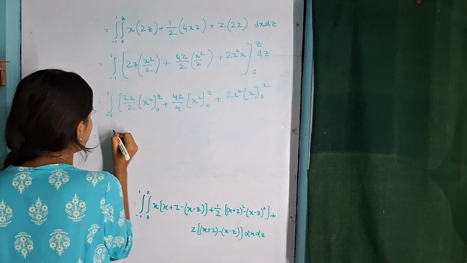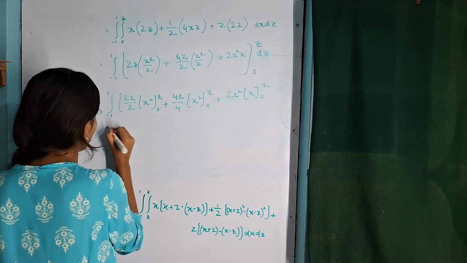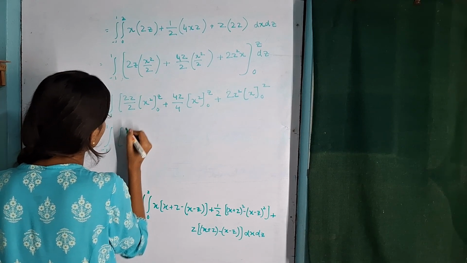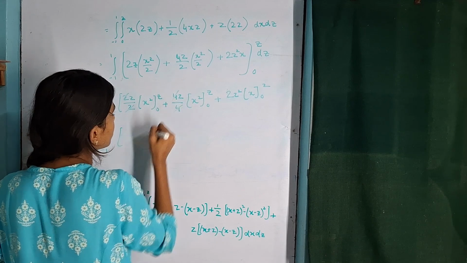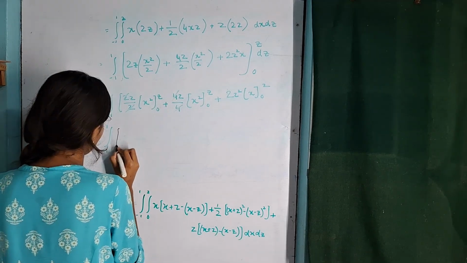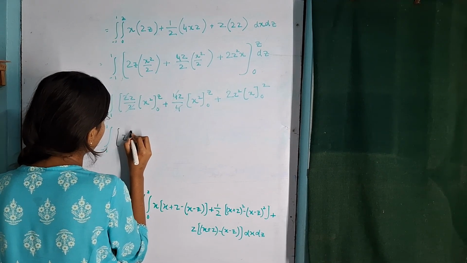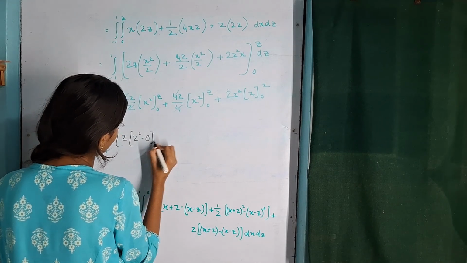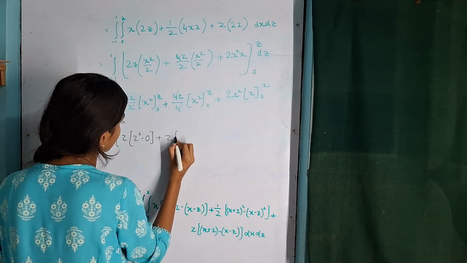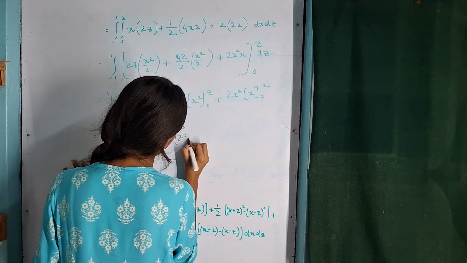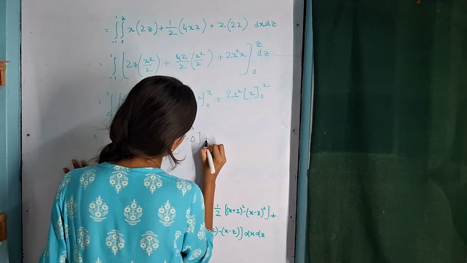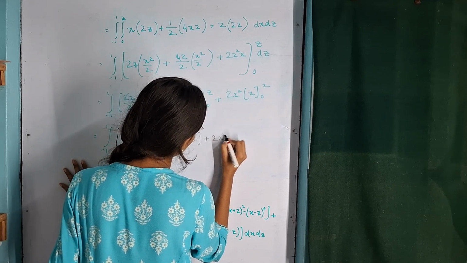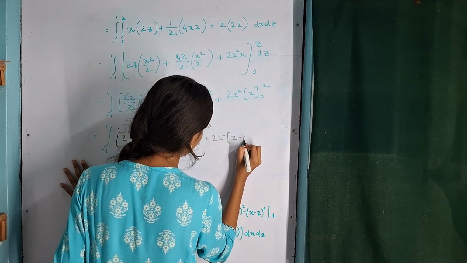So here we will substitute the upper limit and lower limit. Then we get 2 cancelled, 4 cancelled here. z is outside, x square is z square minus 0; z is outside, z square minus 0; plus 2z square is outside, z minus 0.